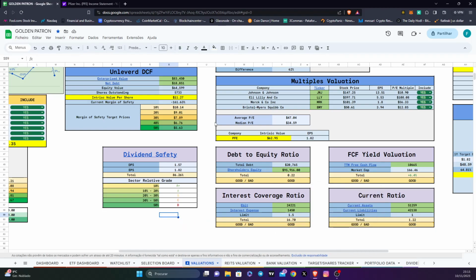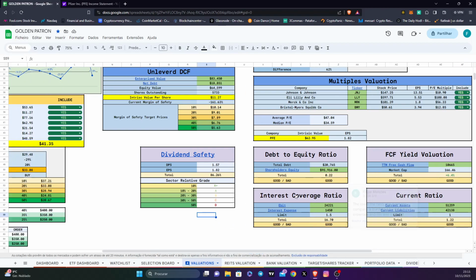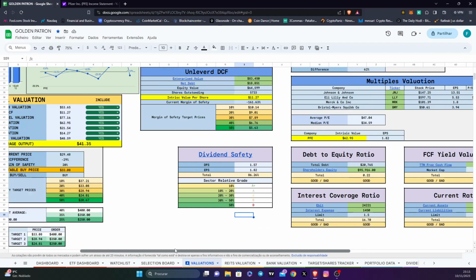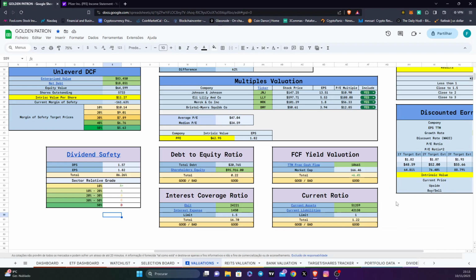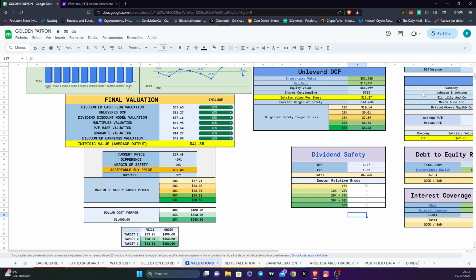That's how we find the ratios, which is really good to know how the company is doing, not only by numbers, but keeping track of its current assets, the liabilities, the shareholders' equity, and the interest expenses. Okay, so once we have that, all we have to do is plug in.